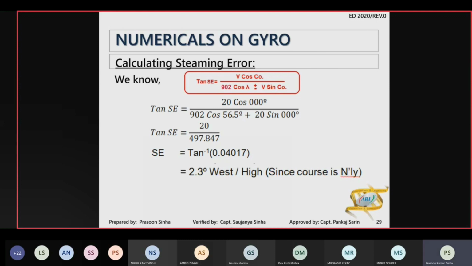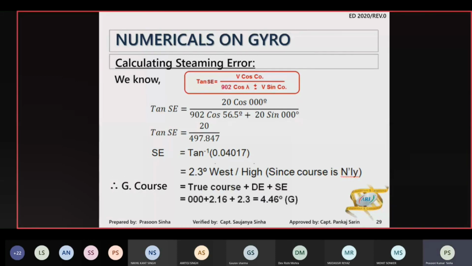So there are two wests. DE is also west, SE also west. Both will be added to true heading, true course, which is 000. So 000 plus 2.16 degrees of DE and 2.3 degrees west of SE.